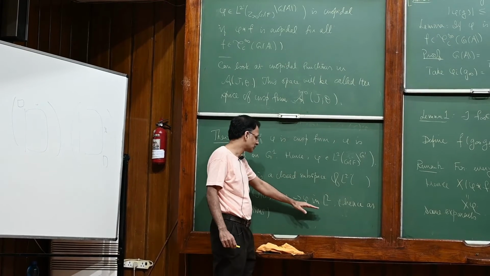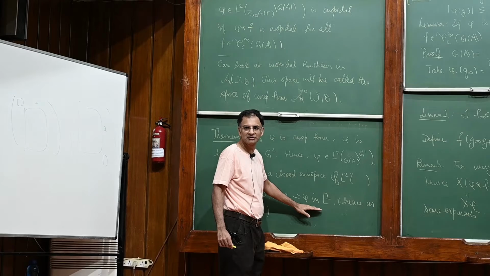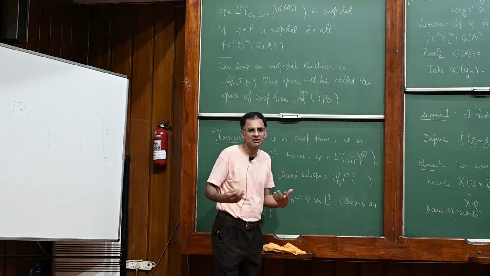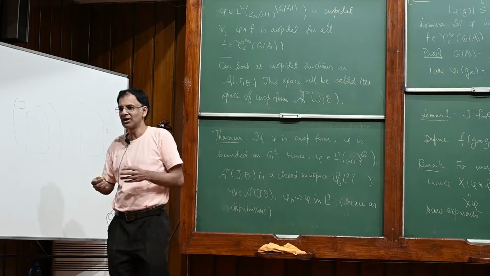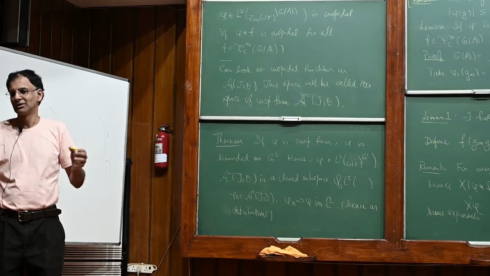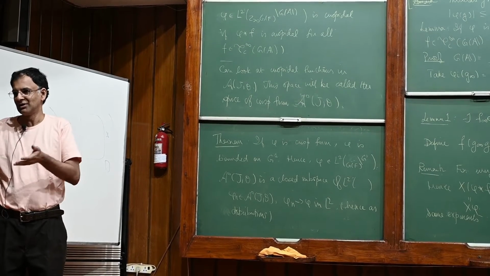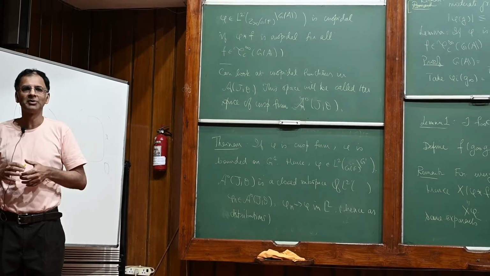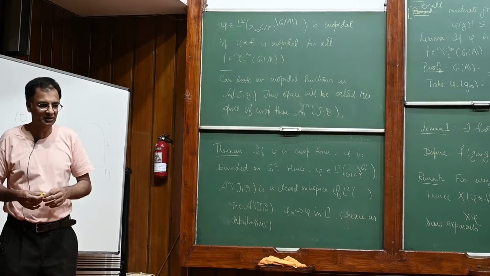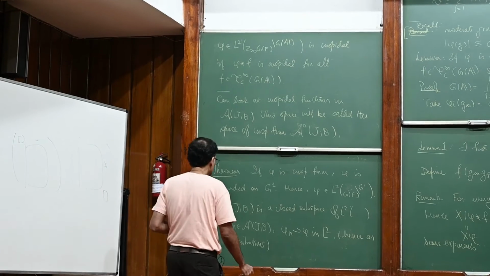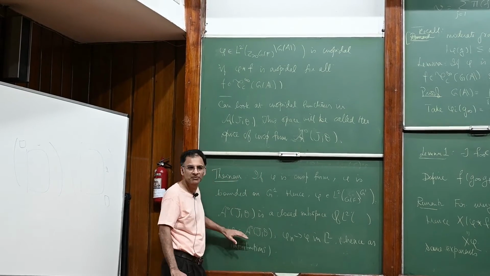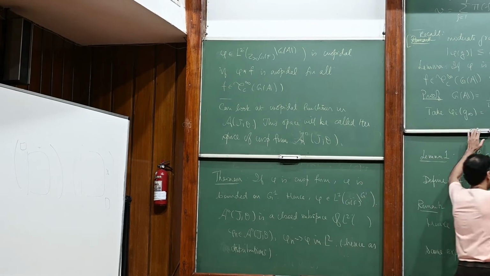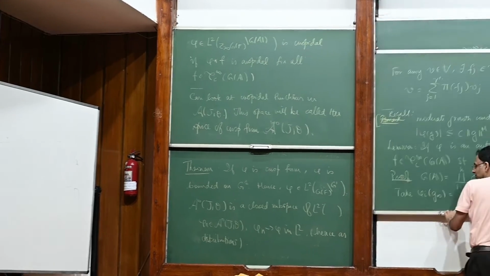But the main point is that phi is actually a smooth function, because it's a limit of the phi n's in the distribution sense, and then it's a regularity theorem for elliptic differential operators, which says that if I have a distribution which is a solution of an elliptic operator with C infinity coefficients, then the distribution is a C infinity function. So this is why it's a closed subspace, and once we prove this, we're done.